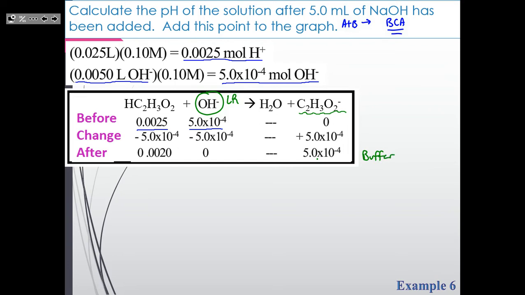And also, I want to go ahead and have us write in the general equation. For a strong acid, strong base, we had H plus OH minus yields water. But in this case, and this is how we were able to actually write the reaction for the BCA table, we have an aqueous solution of acetic acid, a weak acid. This does not dissociate, so we don't write H plus.